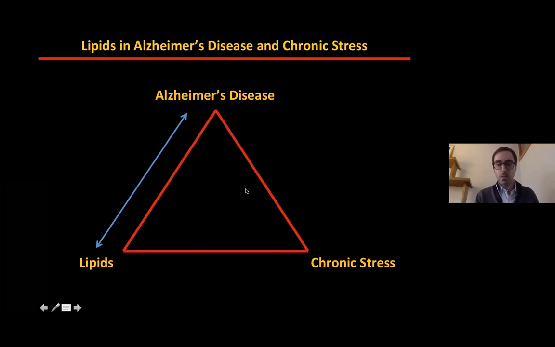And we've started to get interested in other factors that affect Alzheimer's disease pathogenesis, such as environmental chronic stress. What we hypothesized was that this chronic stress exposure could also alter the brain lipidome.